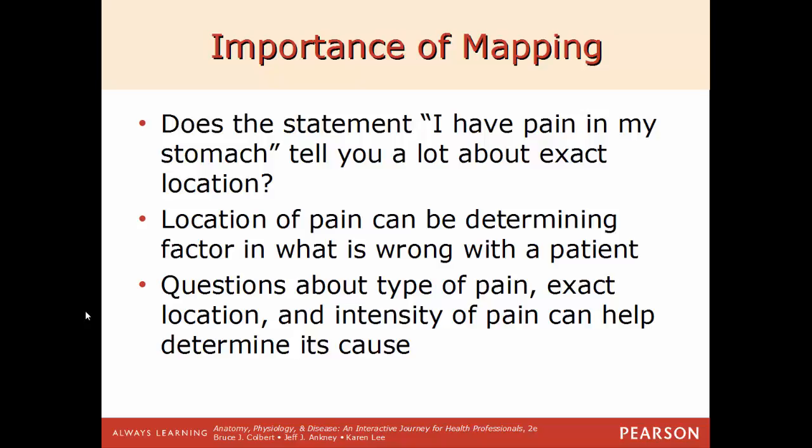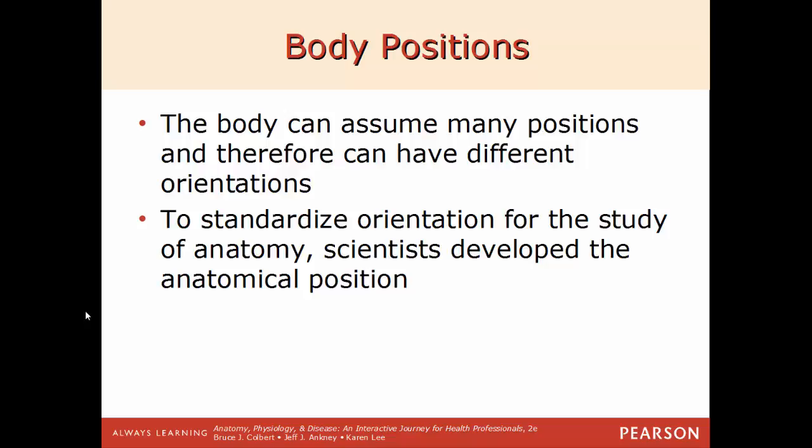Well, where? What part of your belly? What part of that area are you talking about? Knowing where to focus will help increase the speed at which you can treat that injury or disease and fix it faster. So questions about what type of pain, the exact location, and intensity are also good ways to determine the cause of that pain. Next, we'll talk about various body positions.